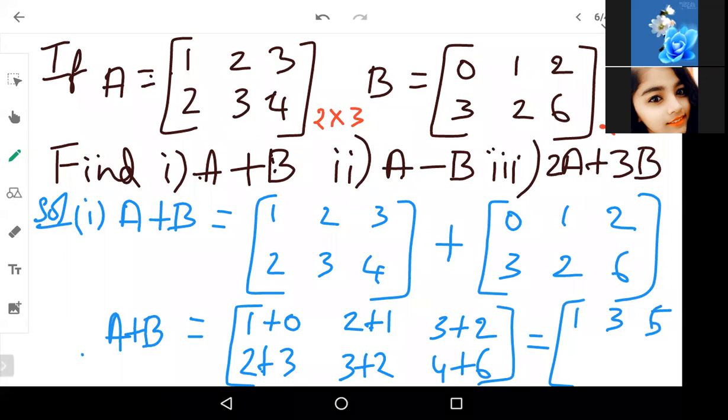Okay, again 3 plus 2 is 5, 3 plus 2 5, 6 plus 4 is 10. So this is the final answer for A plus B. Correct, Bindushri? Understood A plus B? Any doubts?